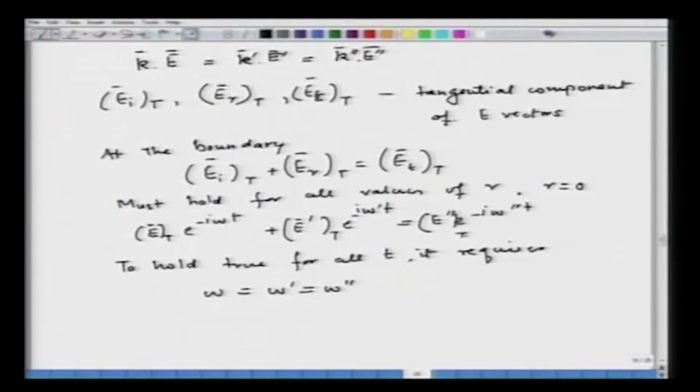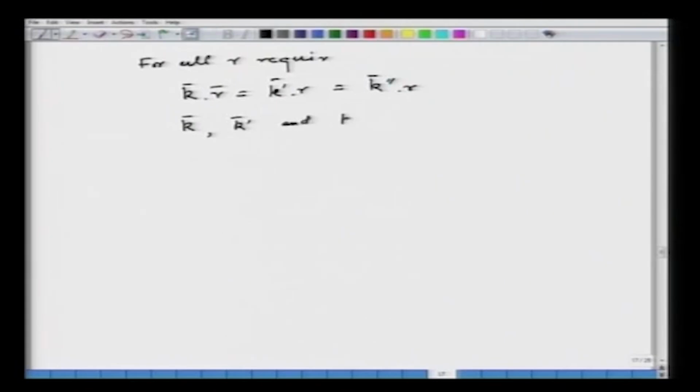Same thing we can do from this condition: for the equation to be true for all r, it is also required that k dot r has to be equal to k prime dot r has to be equal to k double prime dot r. Now, this condition itself requires that all these vectors k, k prime and k double prime have to be coplanar.